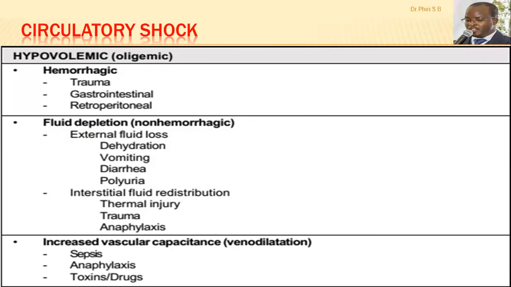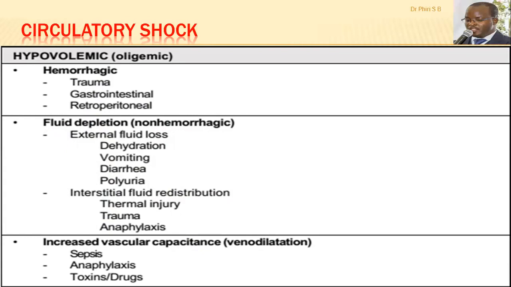That can be due to hemorrhage. Hemorrhagic shock can be due to trauma, gastrointestinal bleeding, maybe peptic ulcers resulting in hemorrhage, then retroperitoneal bleeding, where you're losing blood into the peritoneal cavity. That can also result in hypovolemic shock because the blood volume will be reducing.